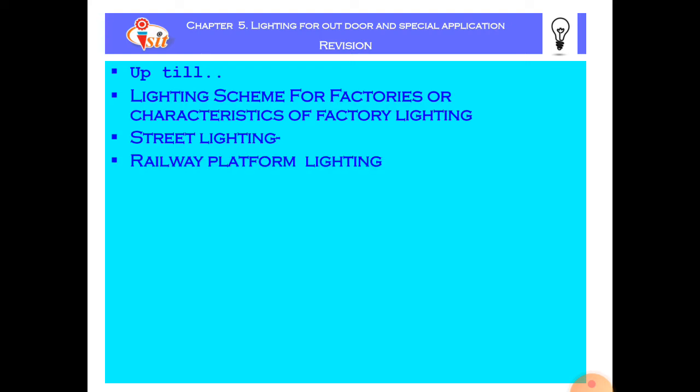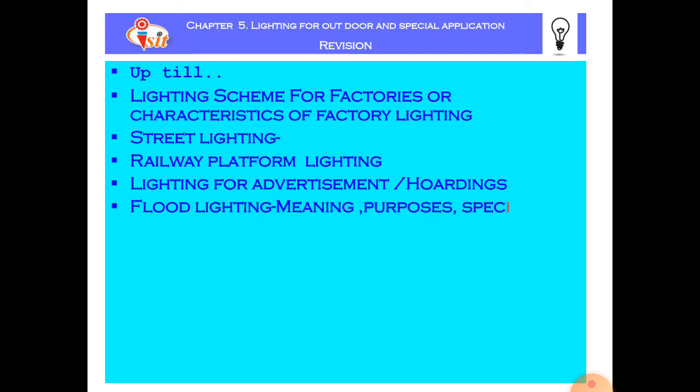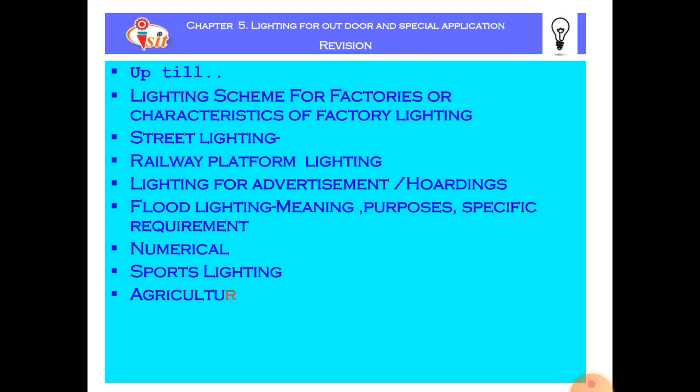After that, railway platform lighting, lighting for advertisement or hoardings, flood lighting meaning, purpose, specific requirements, and based on that numericals. Then sport lighting, agriculture lighting and horticulture lighting.